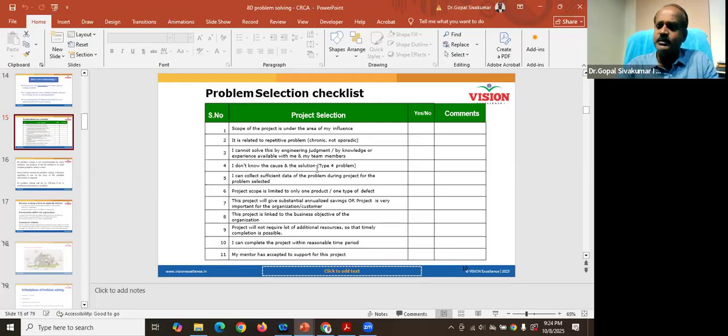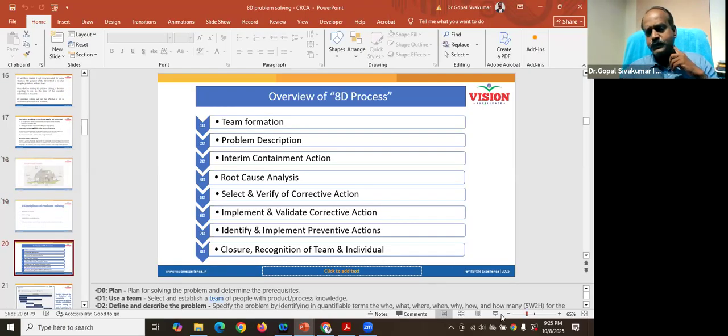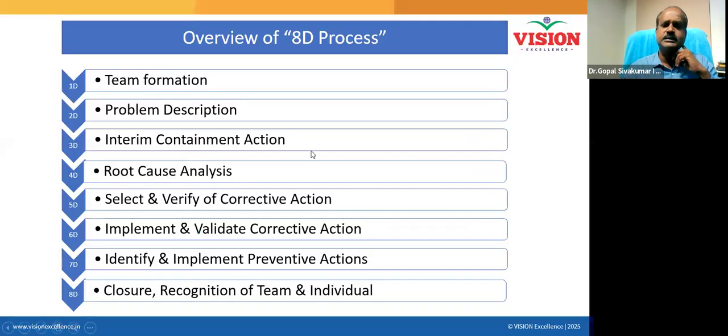After selecting a problem, they realize there are certain things beyond your control. So these are best practices by which we reduce the risk of failure in our project. Though we covered certain things, I'm just quickly recalling.